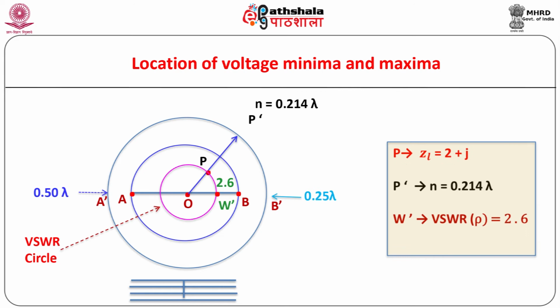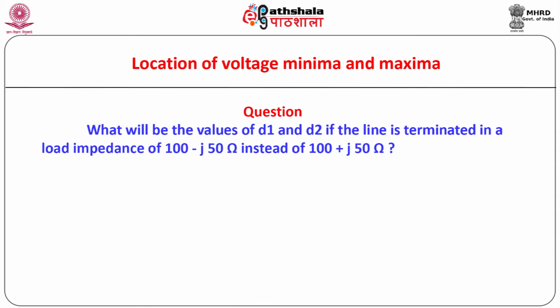Step number 8. For determining VSWR rho, draw a circle with center O and radius OP and note the reading at point W dash, where the circle intersects the right horizontal radius OB. This number is the value of VSWR. In the problem under consideration, we have VSWR rho equal to 2.6. Step number 9.